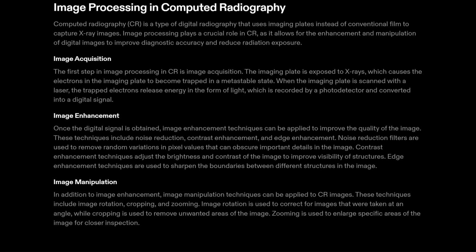Image enhancement. Once the digital signal is obtained, image enhancement techniques can be applied to improve the quality of the image. These techniques include noise reduction, contrast enhancement, and edge enhancement. The noise reduction filters are used to remove random variation in pixel values, which can obscure important detail in the image.